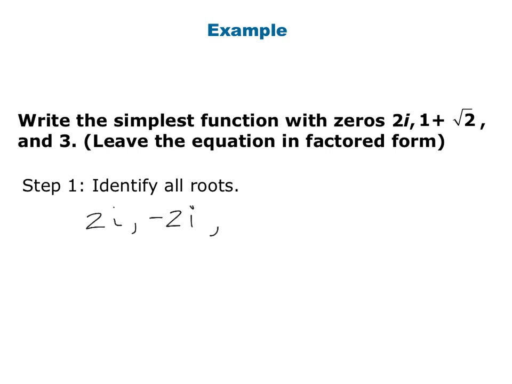And then I also have, what else do I have? I have 1 plus square root of 2, which means I also have 1 minus square root of 2. And I also have 3. So I know this is going to be of degree 5. 1, 2, 3, 4, 5.